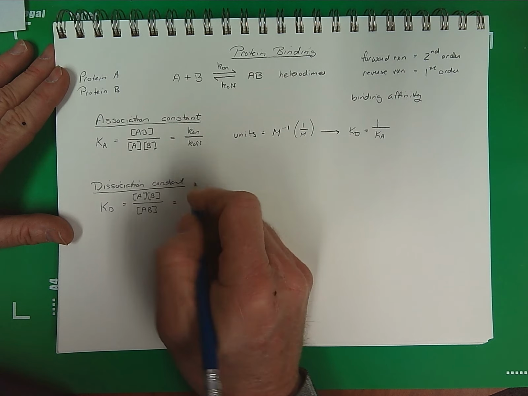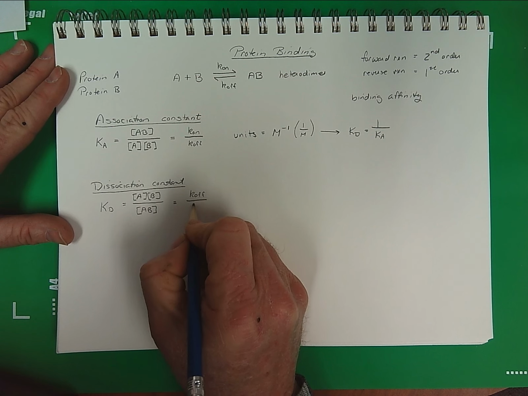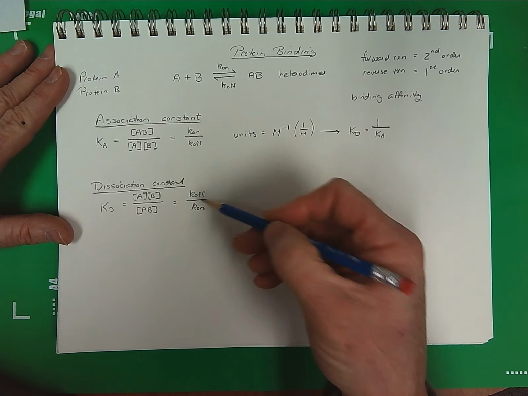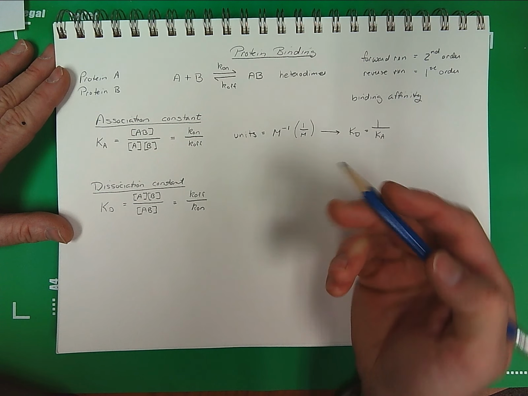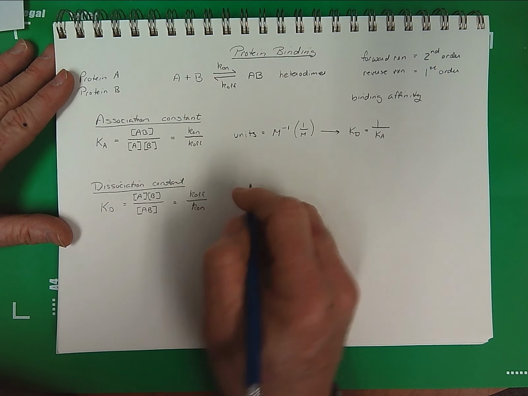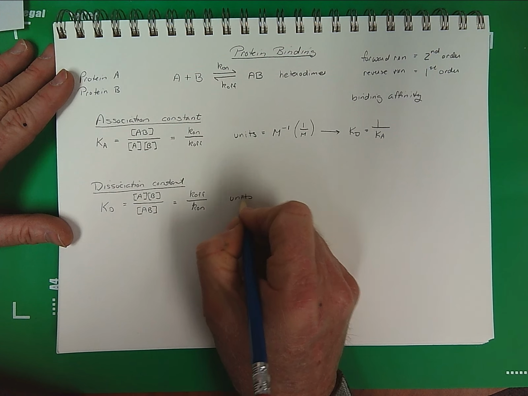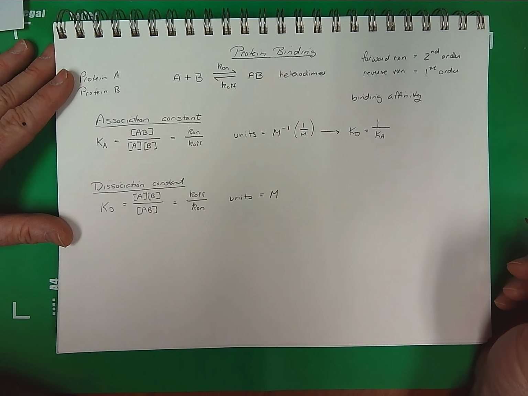Likewise, the rate constants can be expressed in the form of Kd, and this is going to be, of course, the reciprocal of the association constant, so k off over k on. The units of this, of course, is the reciprocal, so it's going to be straight molarity.